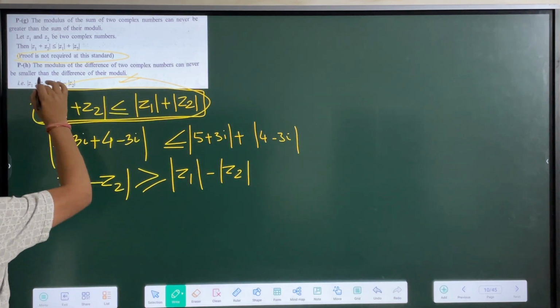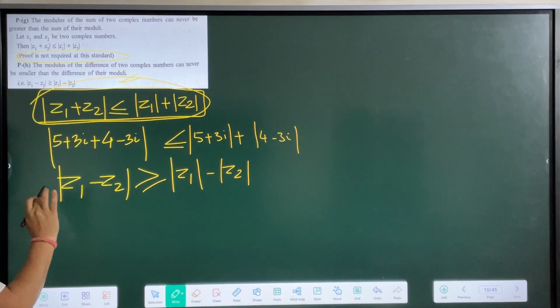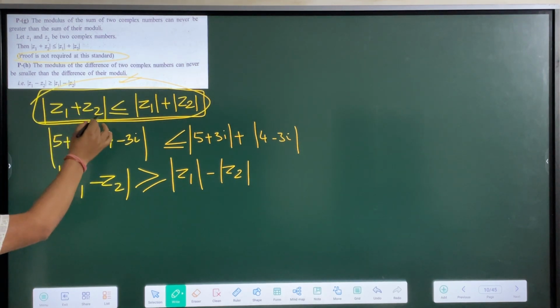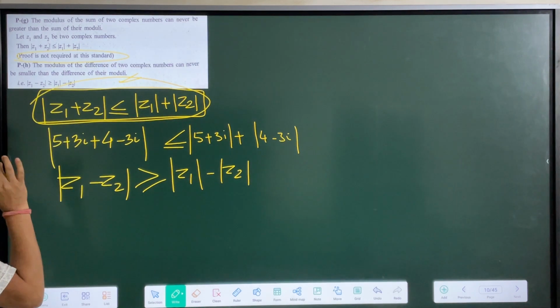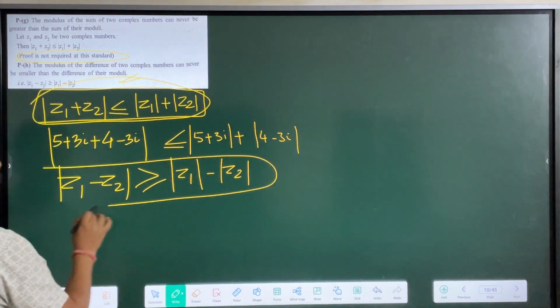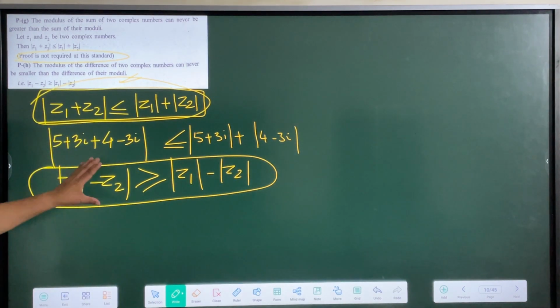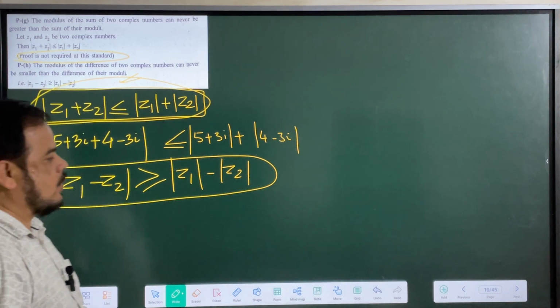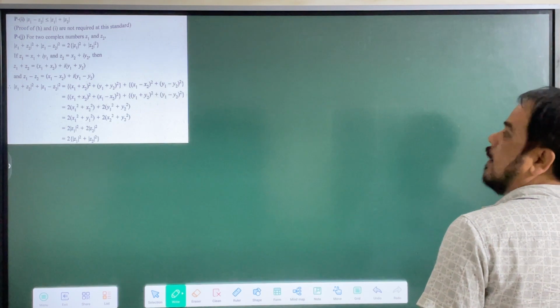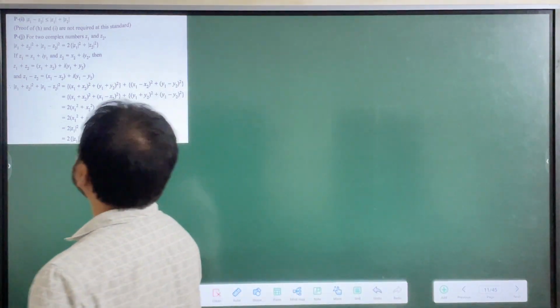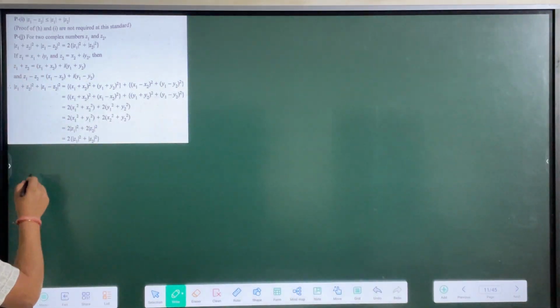Second one, proof is not required. If sum, then smaller. If difference, then greater. You have to catch the picture of the formula. One more there is.